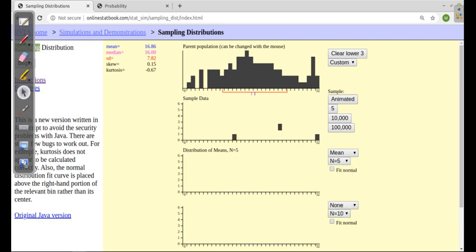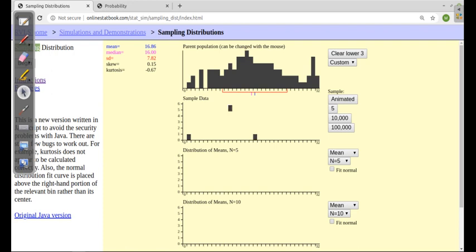If you can see here, samples are taken from the most probable regions. Sorry, here I have to take the mean also.